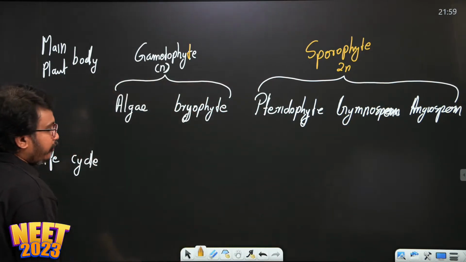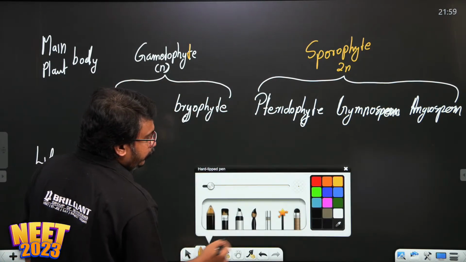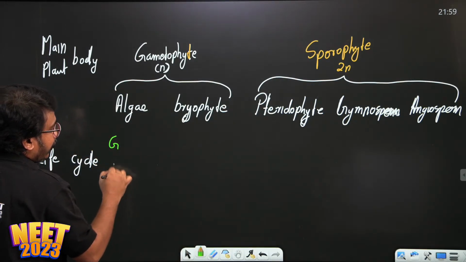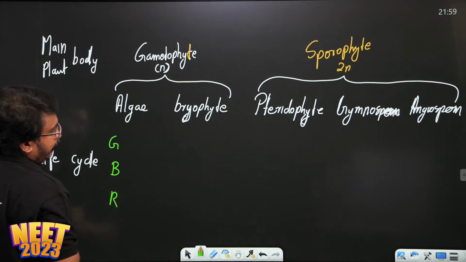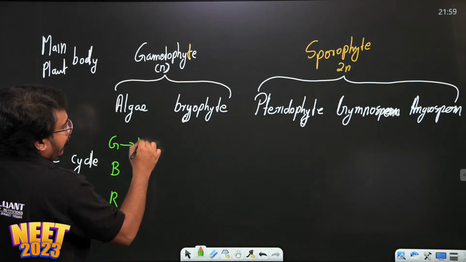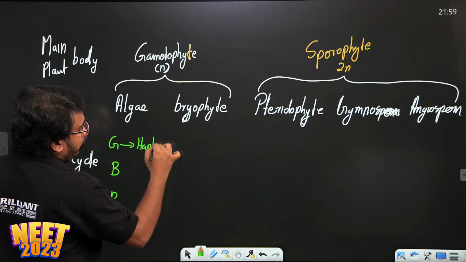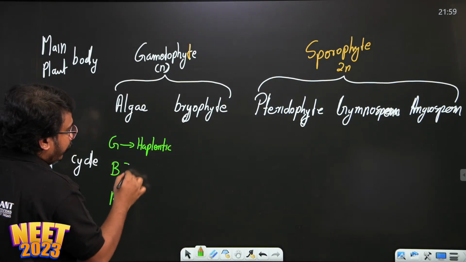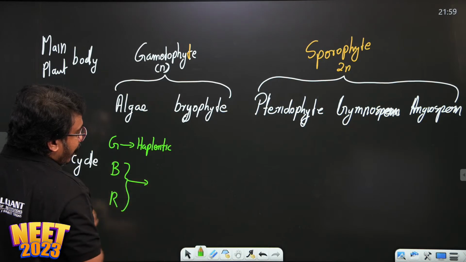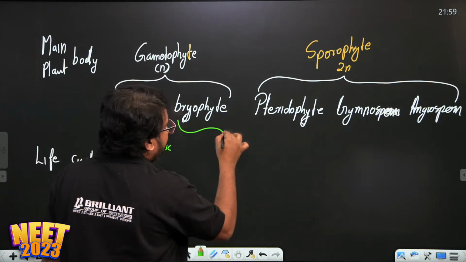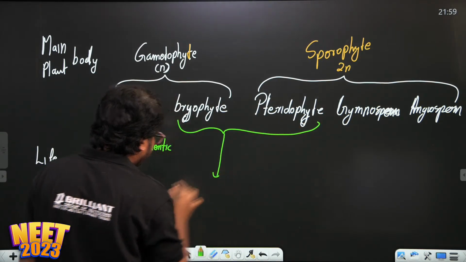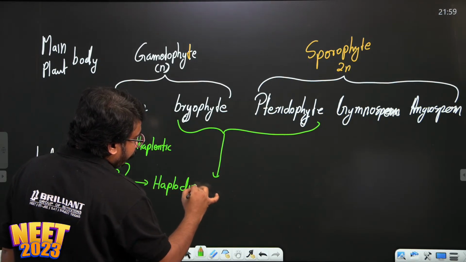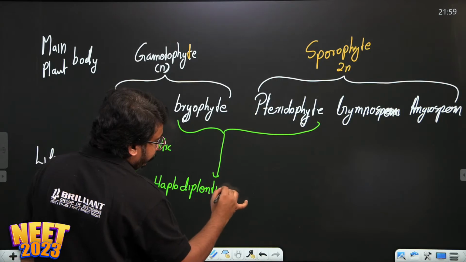Then coming to the life cycle, when you are learning the life cycle, you are learning 3 algae: green algae, brown algae, red algae. Green algae has haplontic life cycle. That means the majority of the time they are haploid. Brown algae and red algae, as well as Bryophyte and pteridophyte, have haplodiplontic life cycle.